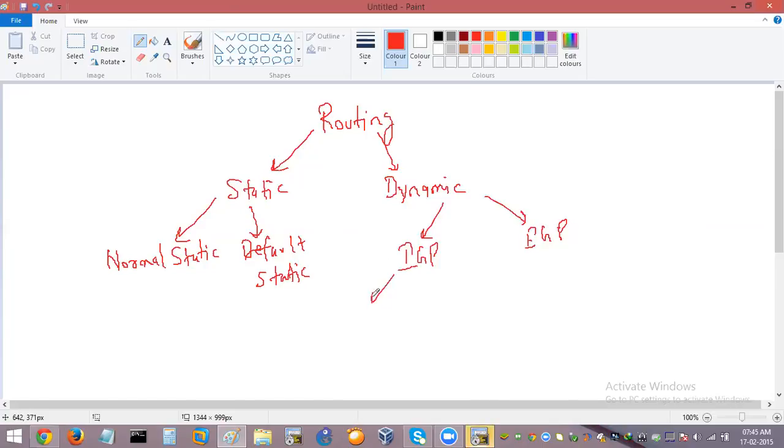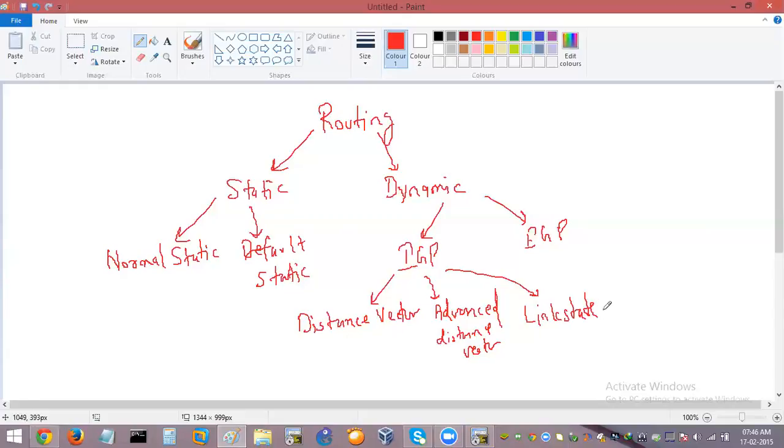In IGP, we have different categories like distance vector, advanced distance vector, and link state routing protocols.